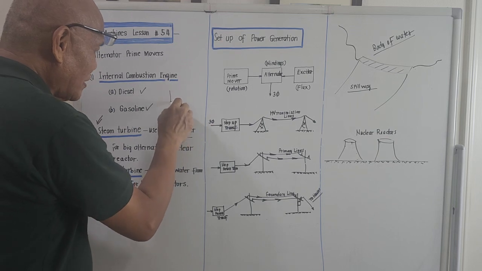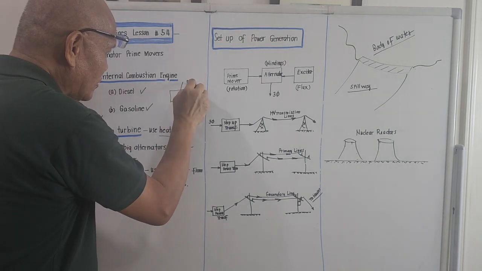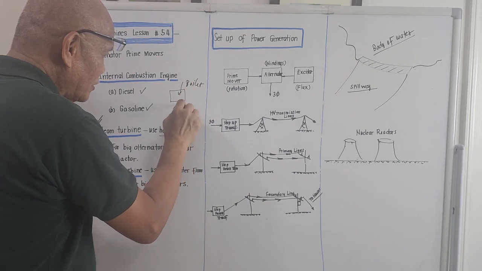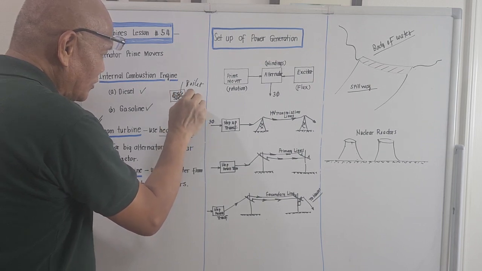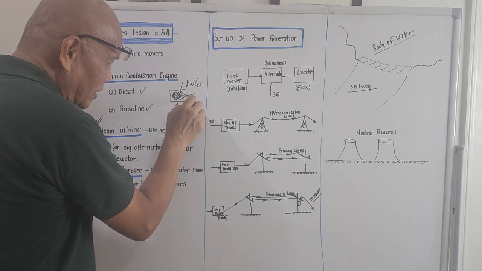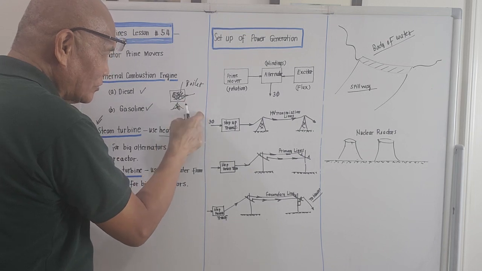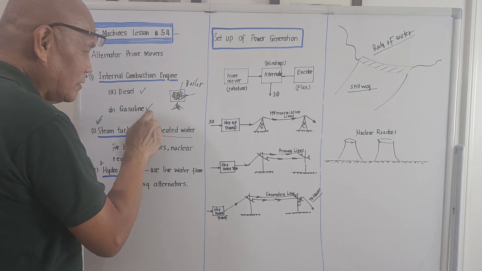It's just like you got a boiler here. This is now thermodynamics. Then you heat up this one, burn this one. When it heats up, the heated water will expand and operate the prime mover, and the prime mover is the turbine.